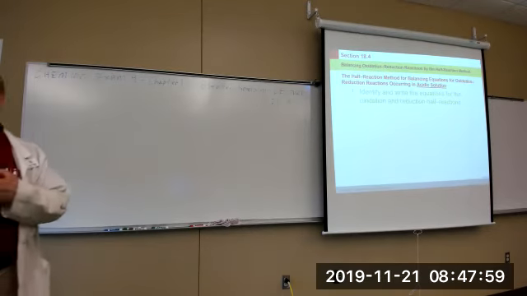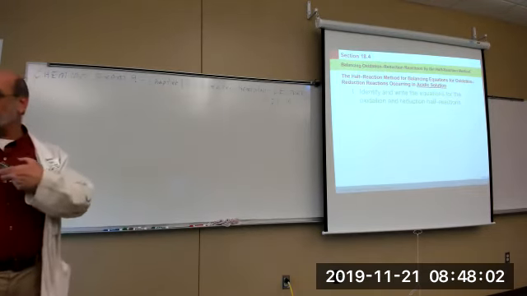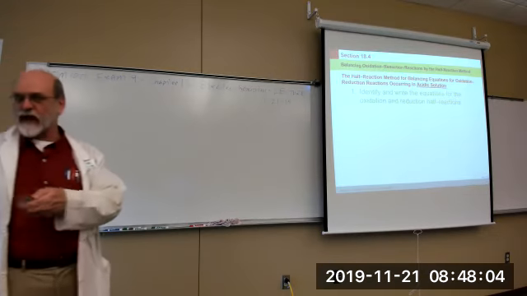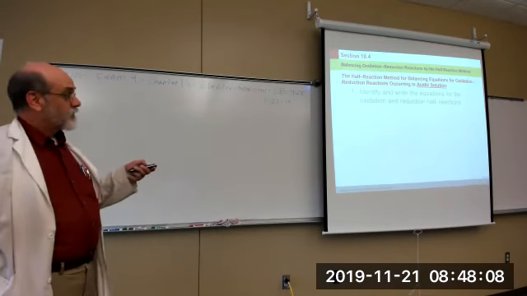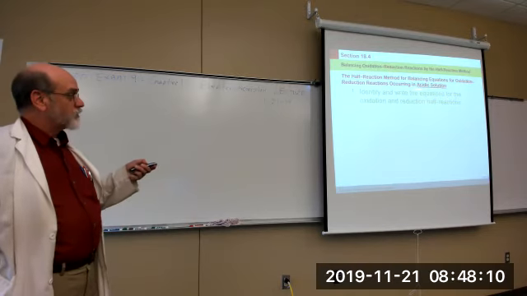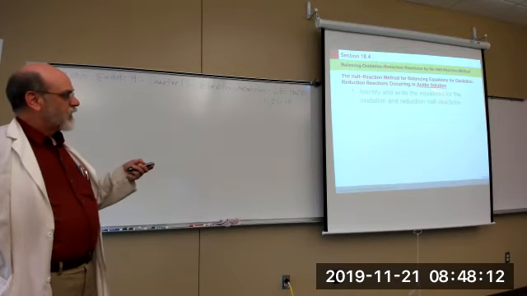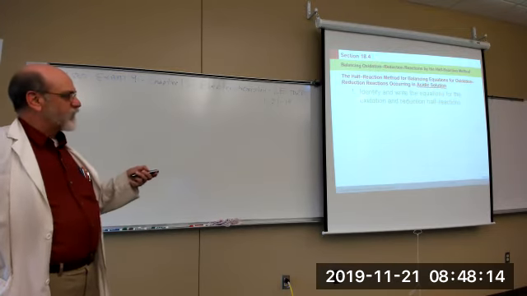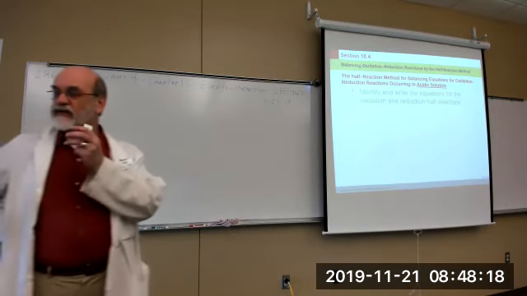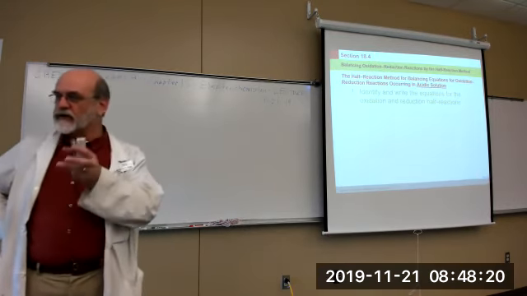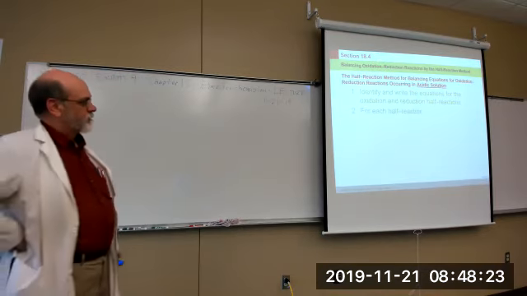These are the steps that you go through when you're doing half reaction balancing. You write the equation, and then you pull out the oxidation and the reduction half reactions with only the elements that are being oxidized or reduced.